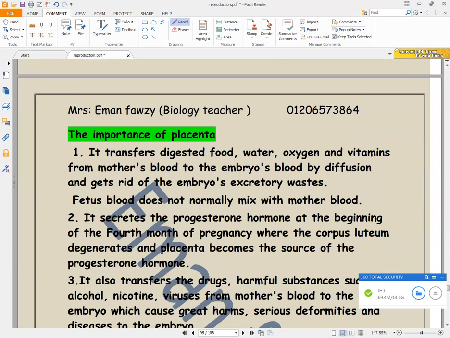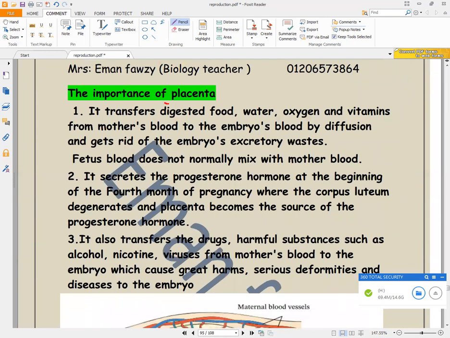What is the importance of the placenta? It transfers the digested food, water, oxygen, vitamins from the mother's blood to the embryo's blood by what? By diffusion from high concentration to low concentration. And also it can get rid of the embryo's excretory wastes from the baby to the mother, also by diffusion.